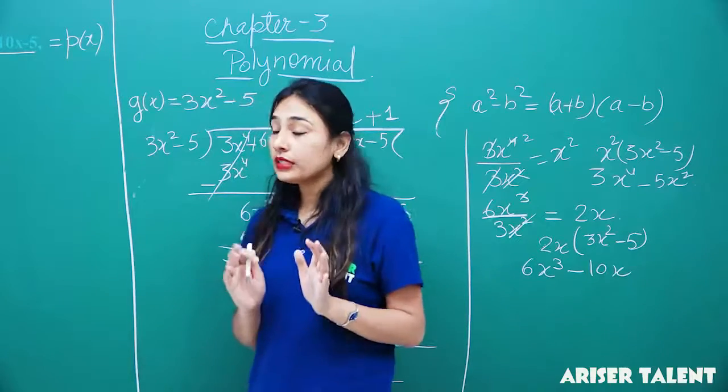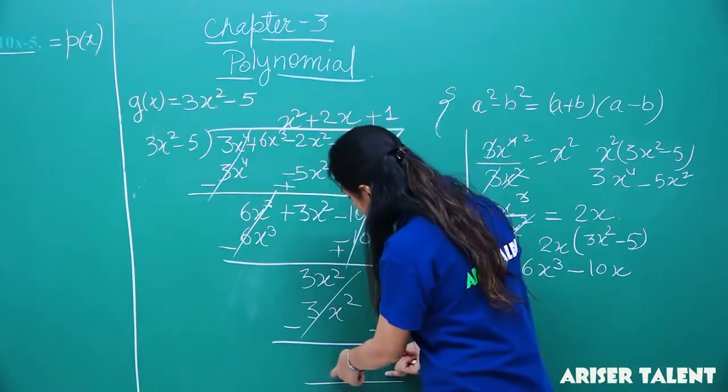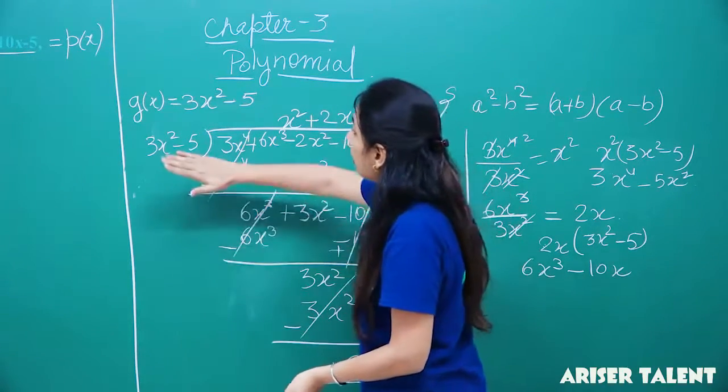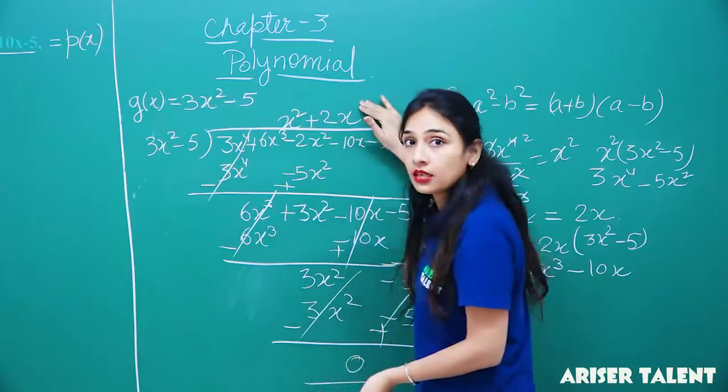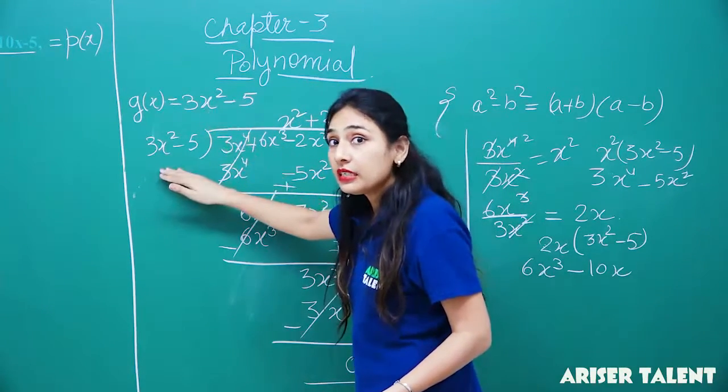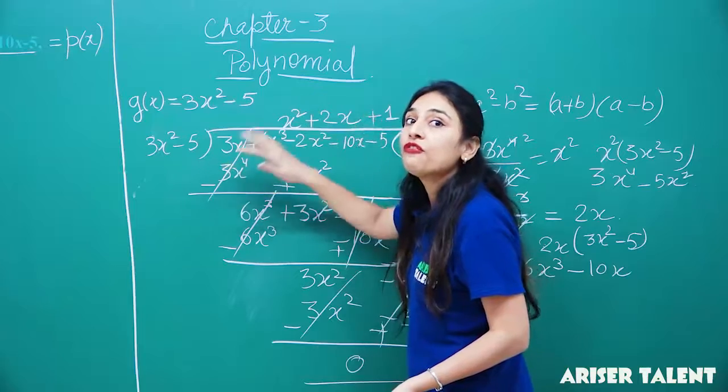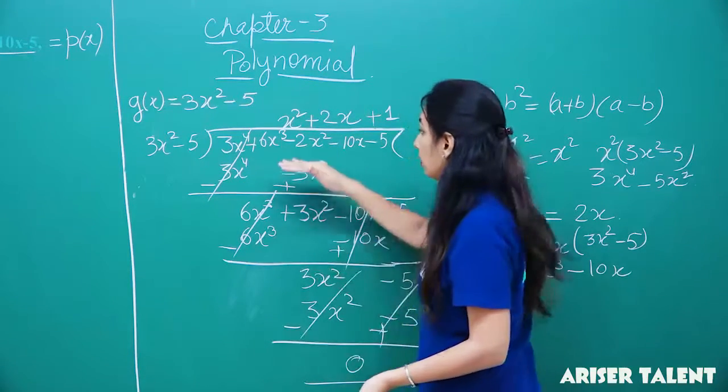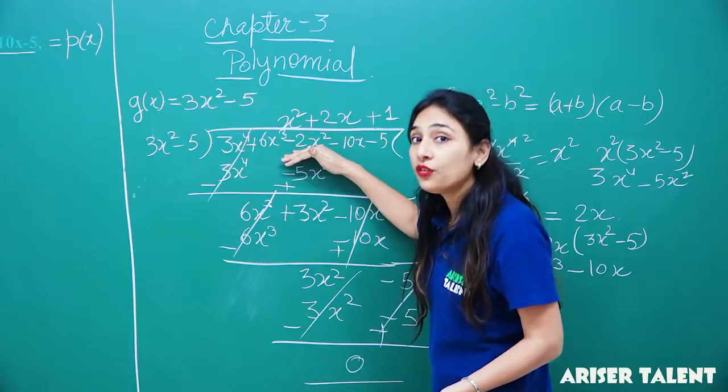So my dear students, I have told you, if the remainder is 0, that means your divisor and your quotient are factors of your dividend.